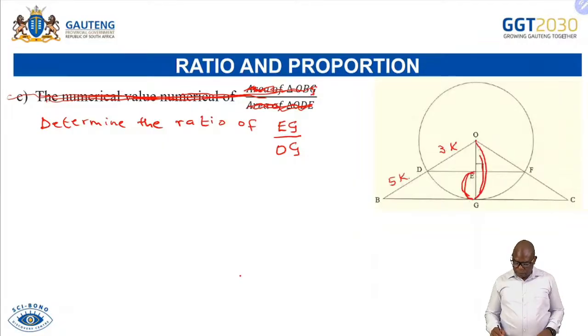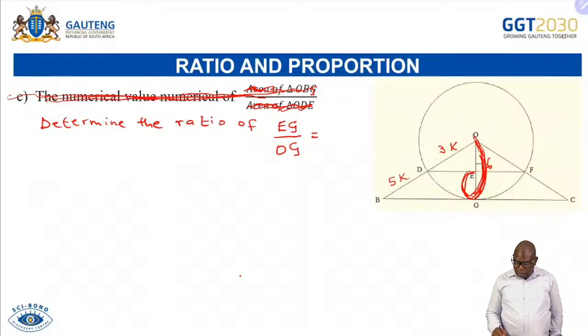The ratio of EG to OG, because OG, remember this line here, it's 6. Now, how am I going to get the ratio of EG from this?